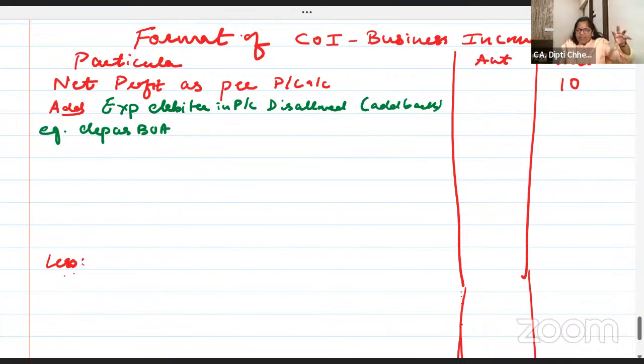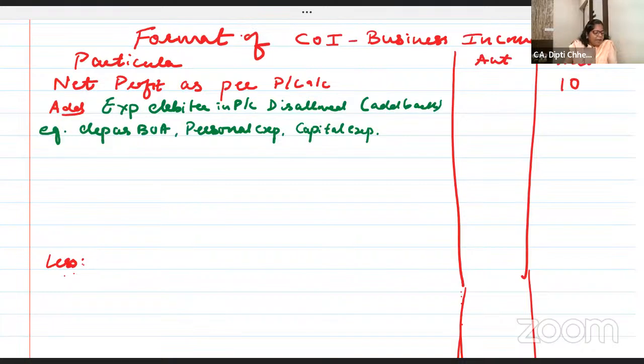In books, if they have debited a depreciation, add back. Because we are calculating depreciation as per the Income Tax Act. Personal expense, if you have debited, add back. Capital expense, if you have debited, add back. Personal expense, add back.